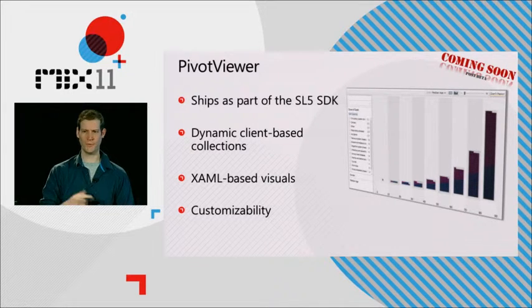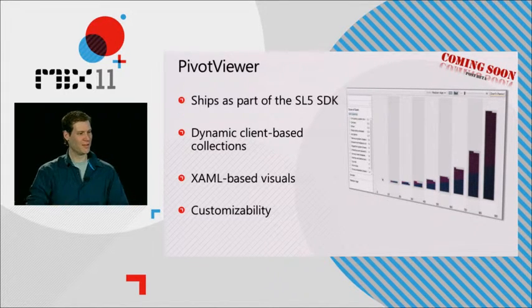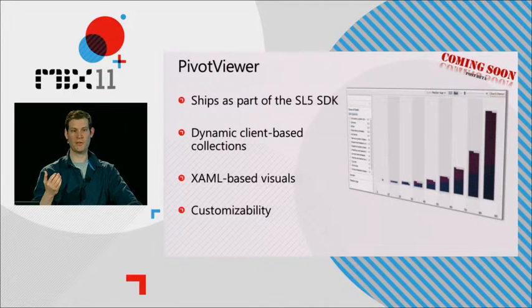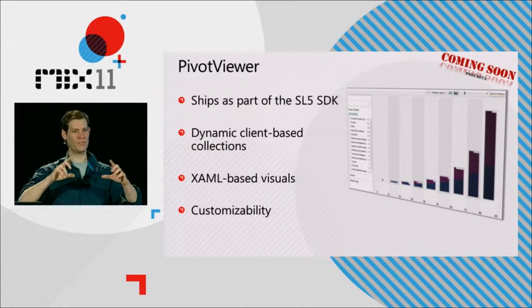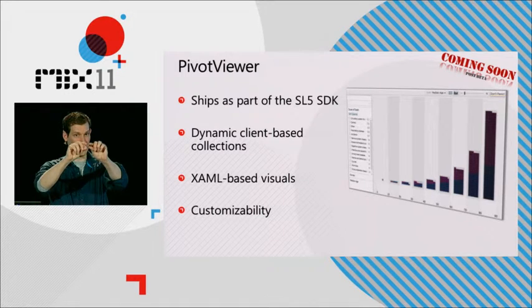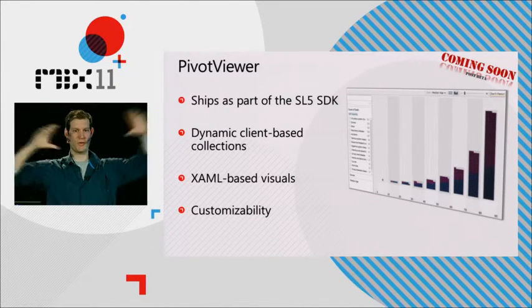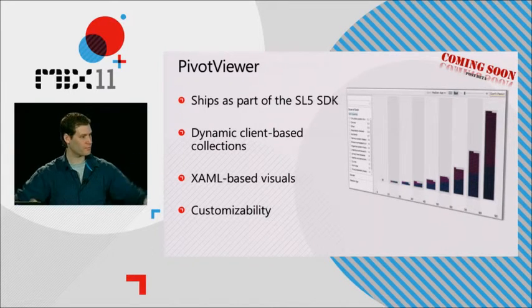It was kind of annoying because you had to create bitmaps. In Silverlight 5, we do XAML-based visuals. You can define your visual in XAML, and even better, you can define different visuals depending on how zoomed in you are. So you can have a really simple view when you're seeing the little tiny view of it, and a really complicated view with a lot of information when you're zoomed in real close.